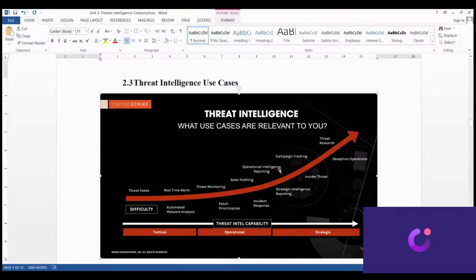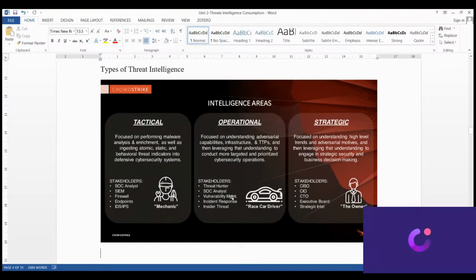From tactical, you look at the threat feeds, then you consider the real time alerts, then you monitor and do actor profiling. Then you move to operational intelligence reporting, then campaign tracking, as well as researching threats. So this is what we looked at last time.